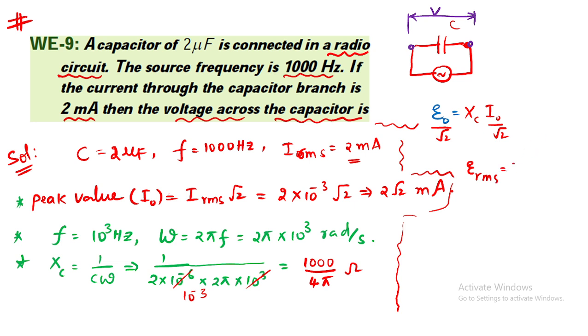So Xc into I naught divided by root 2 will be I RMS. We have the I RMS value and the Xc value also. Calculate E RMS is equal to Xc, which is 1000 divided by 4 pi, times the RMS current, already 2 milliamperes, which means 10 power minus 3. Total answer now.